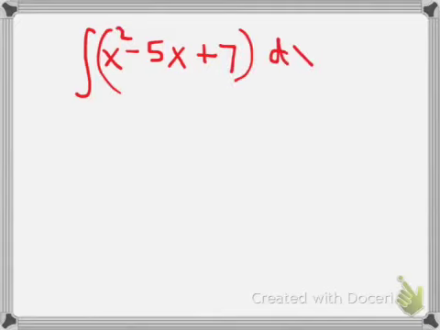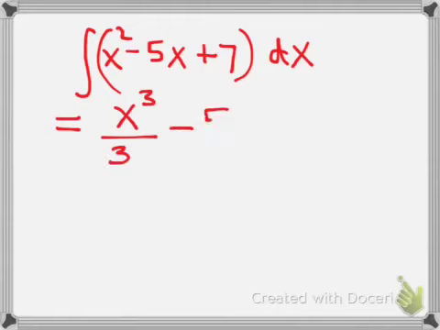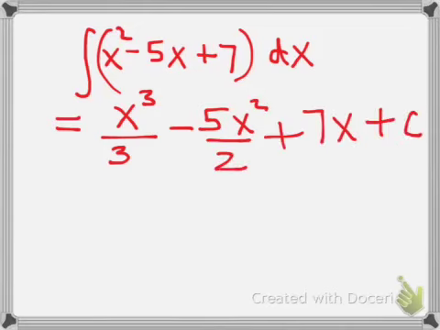And you saw these last week, when we calculated antiderivatives. So the antiderivative, or the indefinite integral, for this is x cubed by 3 using the power rule for integrals, minus 5x squared by 2 plus 7x, and then we always have a c whenever we are talking about indefinite integrals.